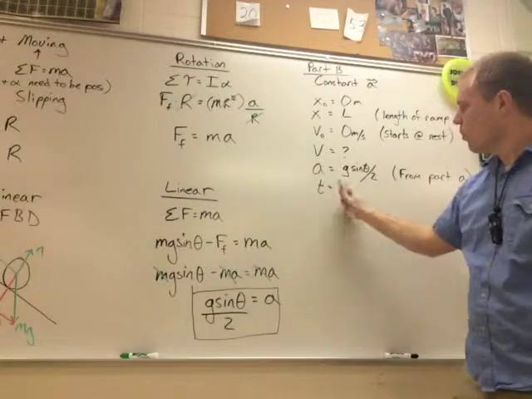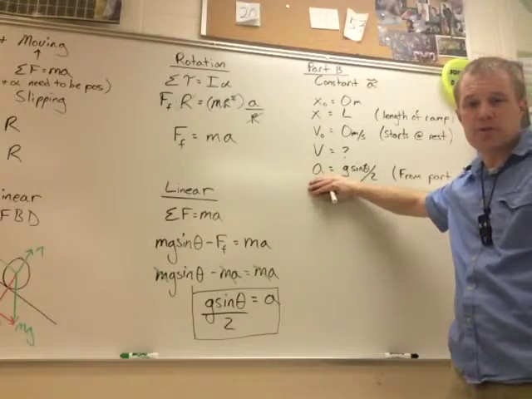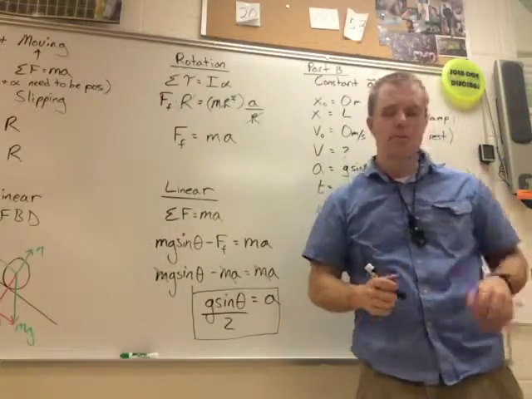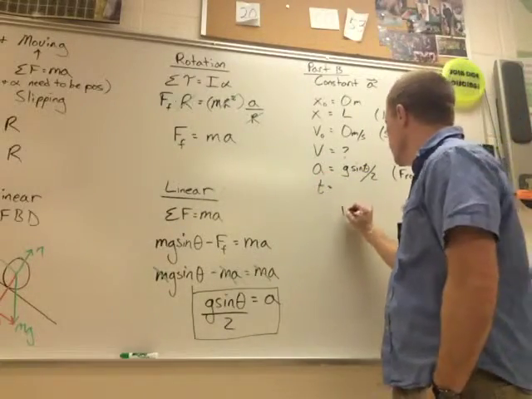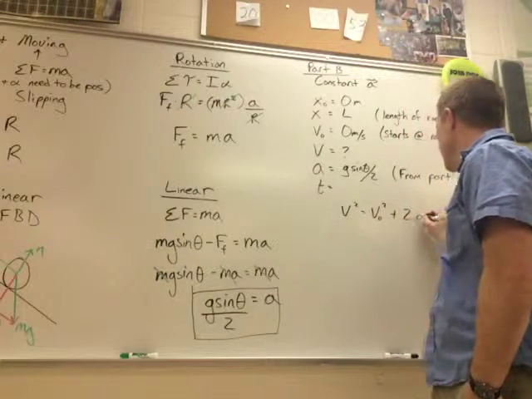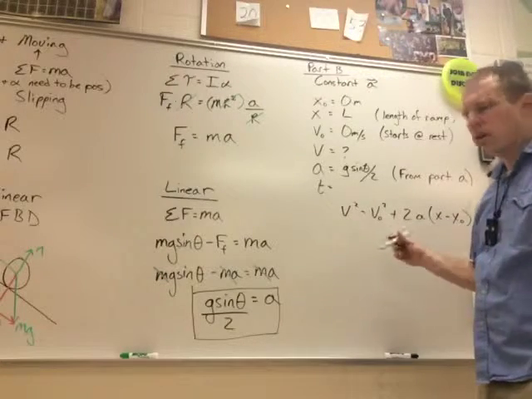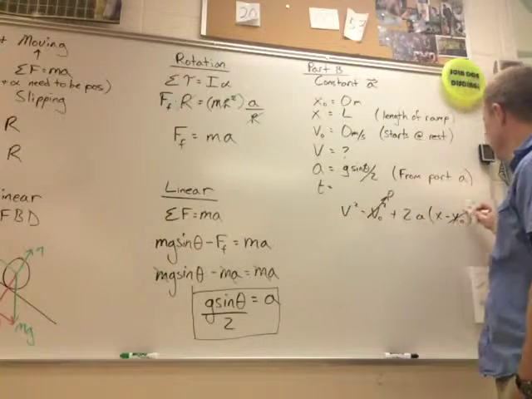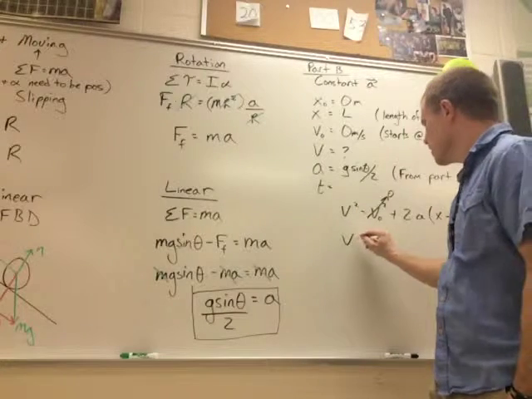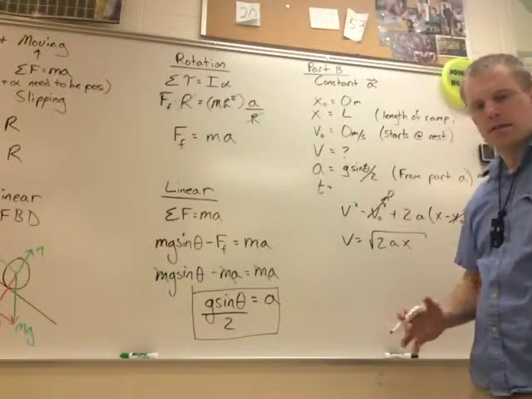Now, I don't want an equation with time. I'm trying to find the velocity at the bottom, so I'll pick an equation without time. You can look at the sideboard. We're going to use equation number 1. So the final velocity squared is equal to the initial velocity squared plus 2a times the final position minus the initial position. Cross out anything that's 0, and I'm left with the velocity is equal to the square root of 2a times x.